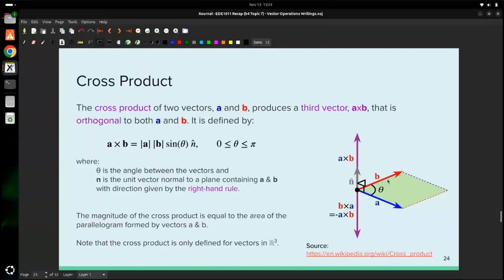So this is A cross B, that's the direction. Then the other way is B cross A. What about B cross A? You can see the thumb pointing downwards. So this is B cross A.